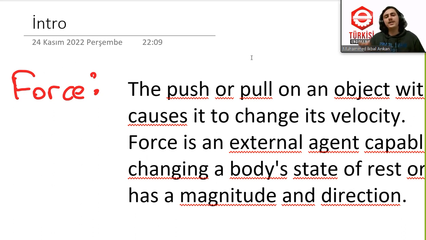If there is no net force, there is no acceleration, because the acceleration is proportional to the net force and not just the force.